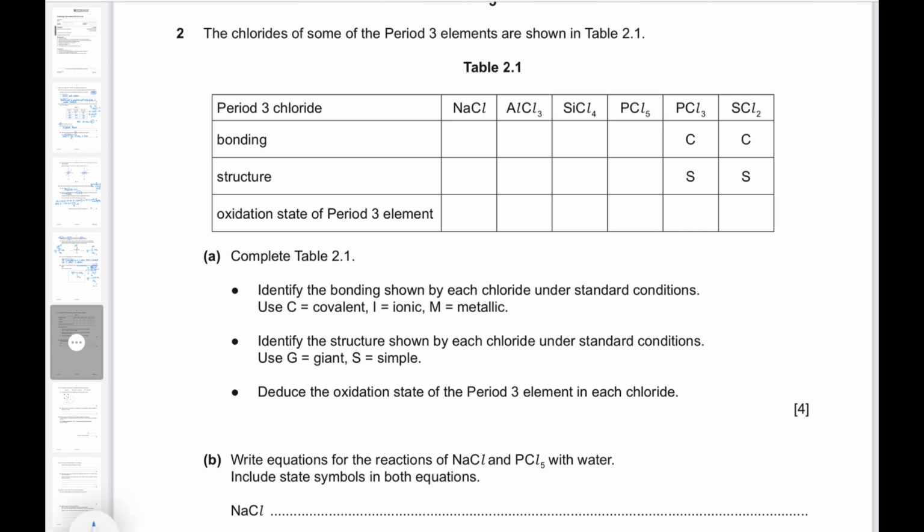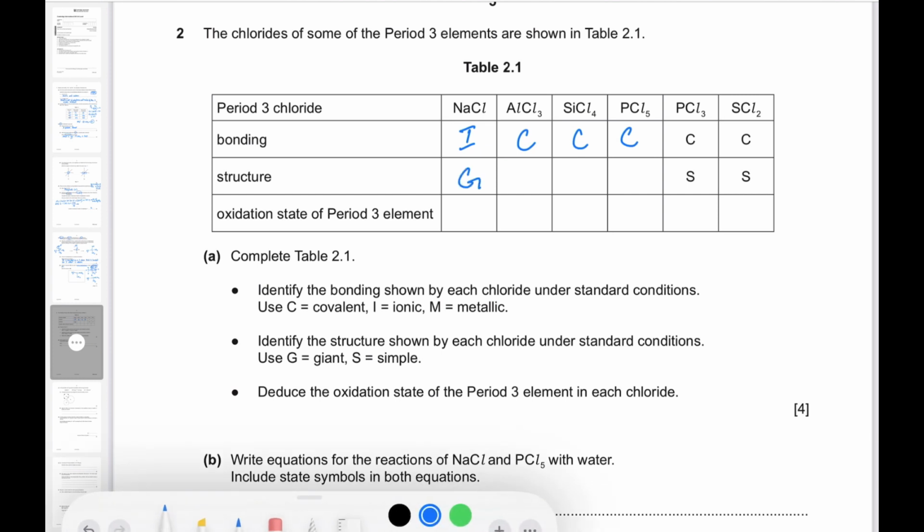The bonding in sodium chloride and magnesium chloride is ionic, and that between aluminium, silicon, and phosphorus pentachloride is covalent. The structure in sodium chloride is a giant ionic structure. Aluminium chloride also has giant structure. Silicon chloride and phosphorus pentachloride have simple molecular structures.